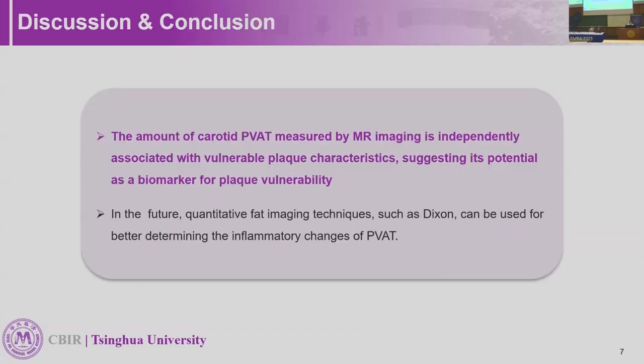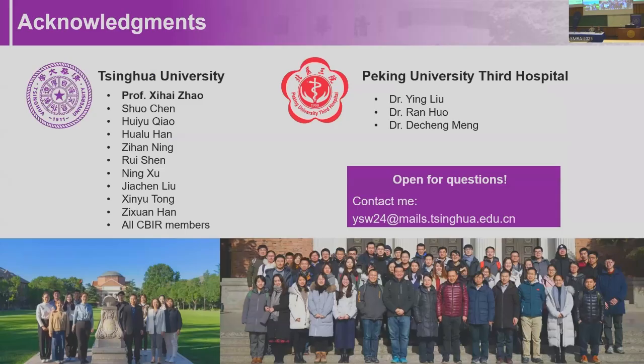In conclusion, our study suggests that the amount of carotid PVAT measured by MRI is independently associated with vulnerable plaque characteristics, suggesting its potential as a biomarker for plaque vulnerability. In the future, quantitative imaging techniques can be used for better determining the inflammatory changes of PVAT. That's all for my research. Thank you for your attention.